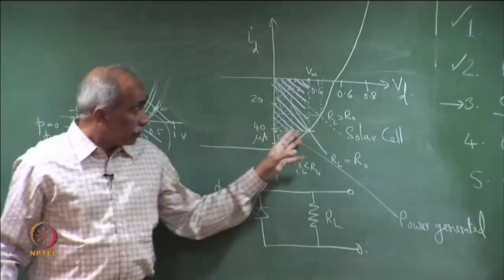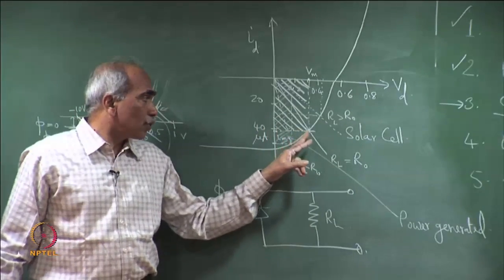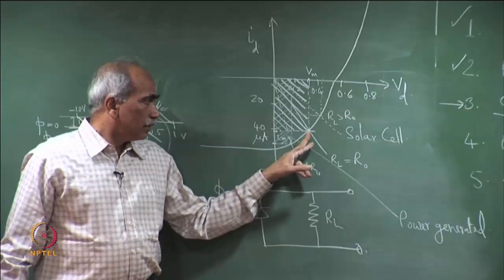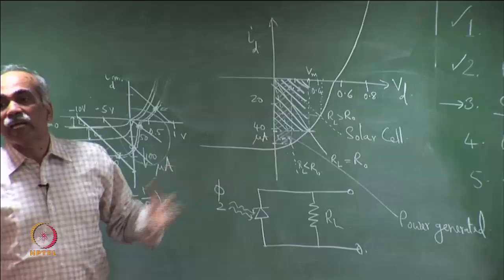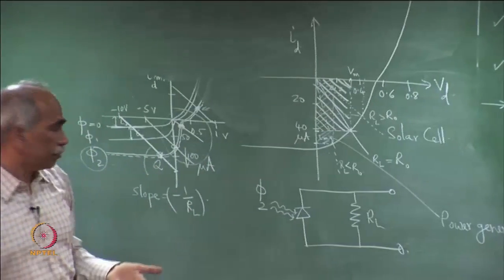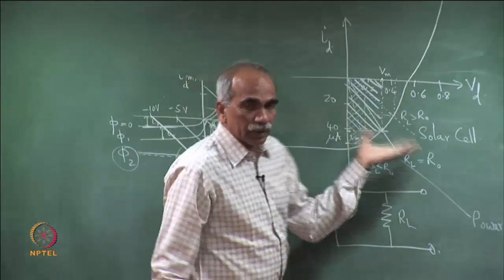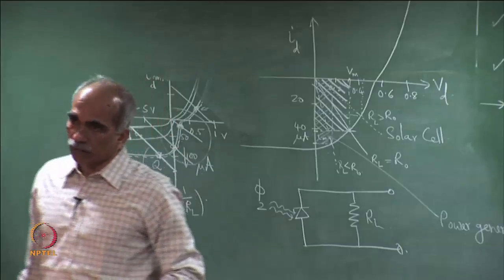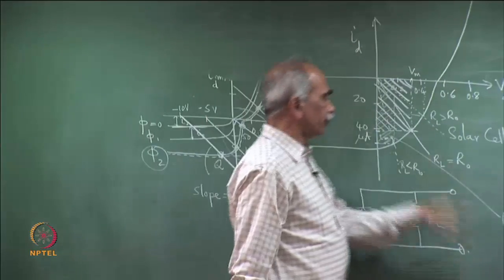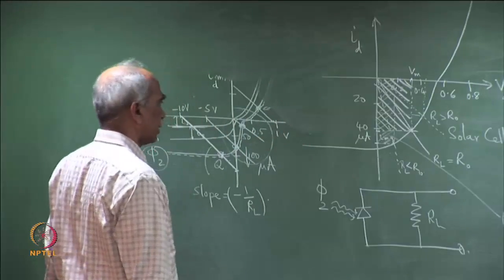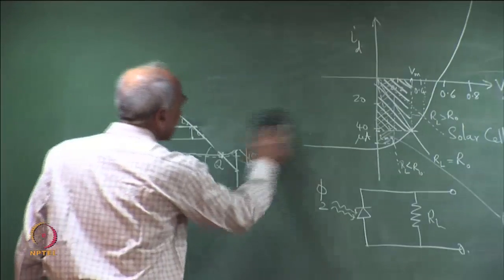The point is, by an appropriate choice of R L, we can maximize the power generated, and this is an important consideration in the design of solar cells and circuits to collect the photovoltage that one gets.